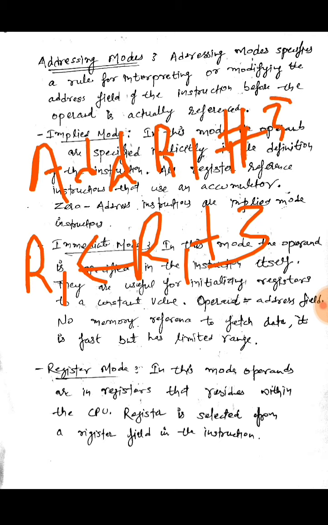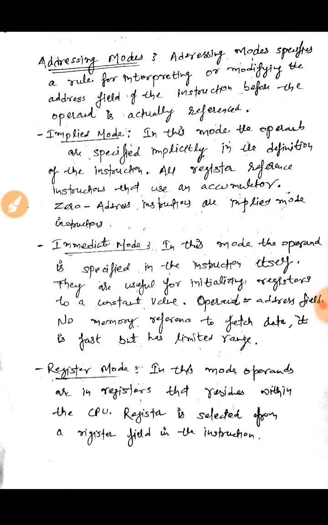In this case our operand is a constant value. So in immediate mode we have the direct data in our instruction code. There will be no memory referencing in it. We will get the direct data.